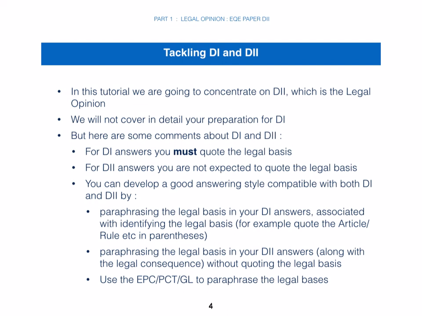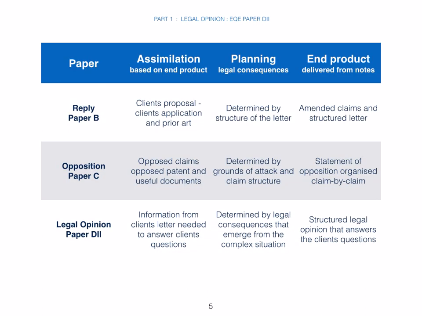Next is a comparison of the working methods for paper B, paper C, and paper D2. Here I've set out the paper, what you have to assimilate in the paper working towards the end product, the planning that you have to do with the legal consequences for that paper, and the end product that is delivered from your notes.